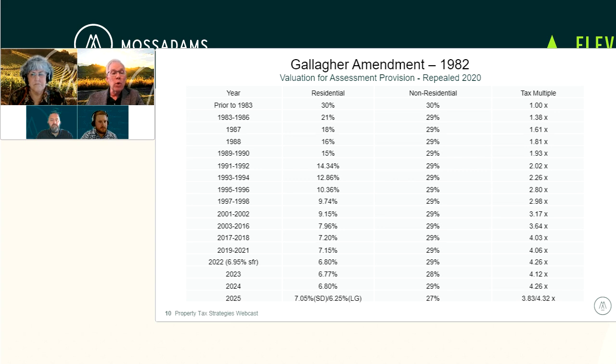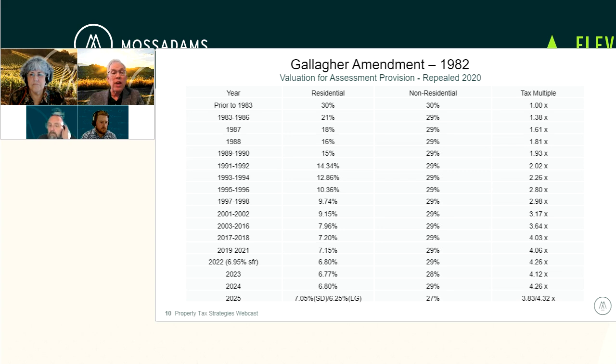So by the time we get to 2017, you can see where that graph started to spread out, that in order to meet that 45% split, the state had to drop the residential assessment ratio significantly in order to meet that 45% spread. And as you can see in the last column, the tax multiple for residential versus commercial is 4 times.